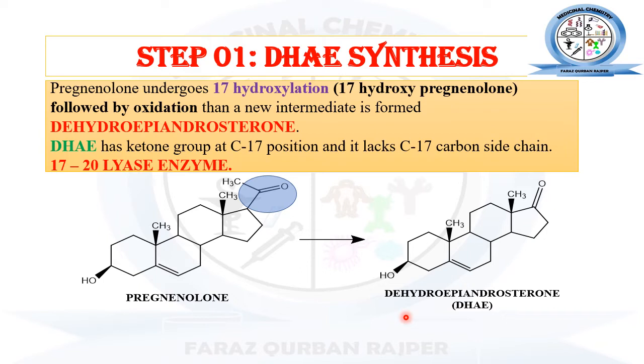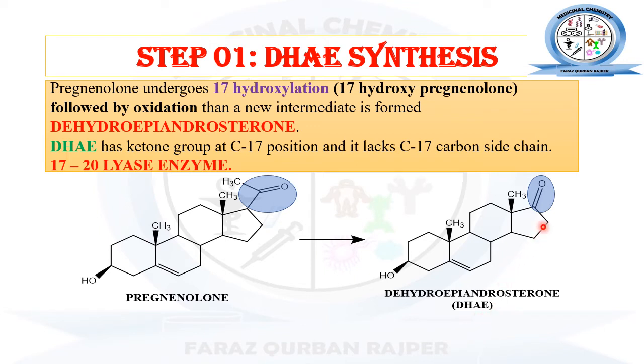In this reaction, I have not shown the intermediate step, the conversion of pregnenolone into 17-hydroxypregnenolone. Pregnenolone has the hydroxy group at the third position, and at C17 there is the carbon side chain present, which makes it a C21 molecule. Now it will undergo two different steps and ultimately get converted into dehydroepiandrosterone.